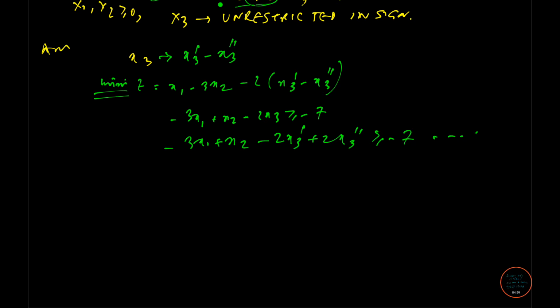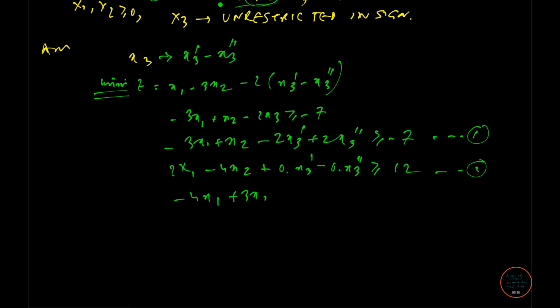Similarly, the second equation will not be changed, but there is no x3, so we will write it this way, greater than or equal to 12. The third equation will be minus 4x1 plus 3x2 plus 8x3 dash minus 8x3 double dash greater than or equal to 10.